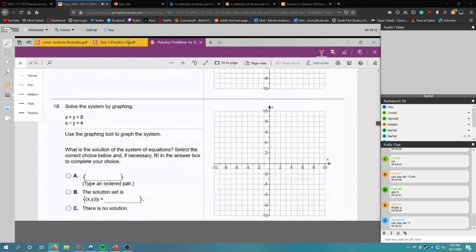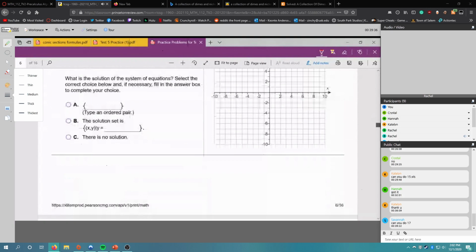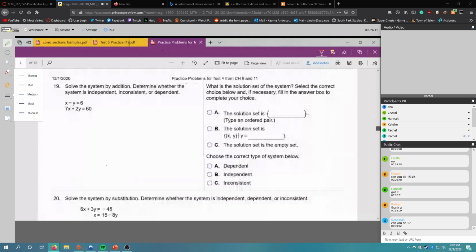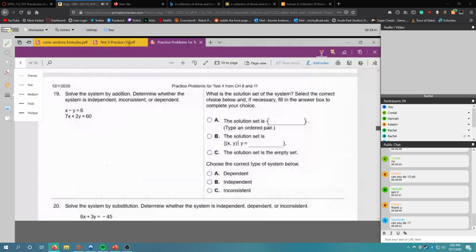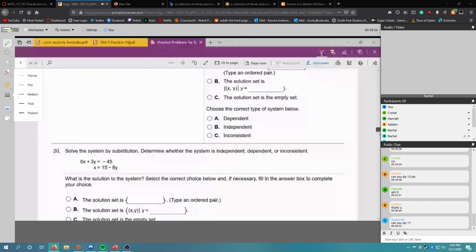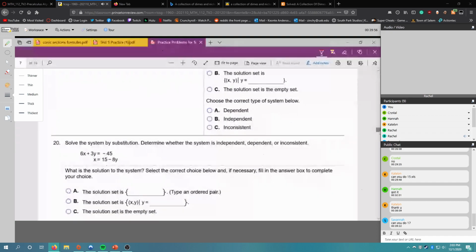You're going to graph and find the intersection. 19, that's a system of equations. It's just linear. You're just going to use your property of addition or elimination to solve. And then let's look at 20. That's using substitution, and you already have x in the form where you can substitute it into there and solve.